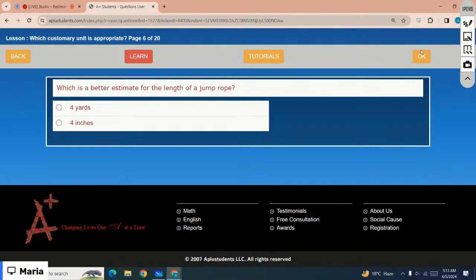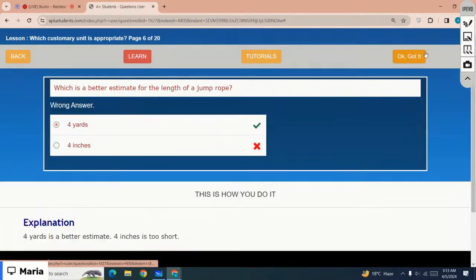The correct option is 4 yards, because 4 inches is too short for a jump rope, right? The correct option is 4 yards.